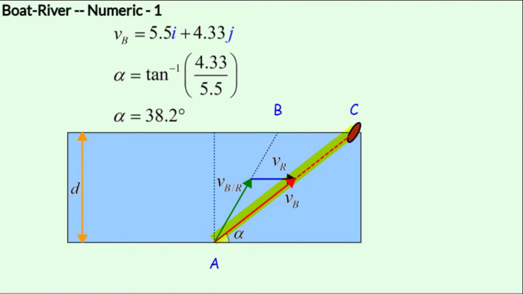We have already established vb as 5.5i plus 4.33j, and therefore we obtain the angle alpha as the tan inverse of the y component over the x component, which is the tan inverse of 4.33 over 5.5, and that turns out to be 38.2 degrees. This is the angle the boat makes with the horizontal, labeled as alpha.